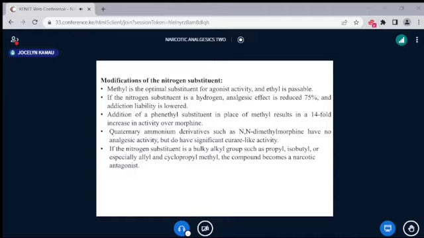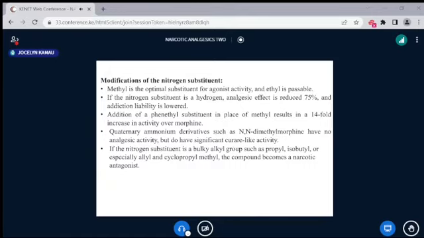And we do have examples whereby we have already said, the cyclopropylmethyl group is now naltrexone, and the allyl group is now naloxone, and those two drugs are actually narcotic antagonists.